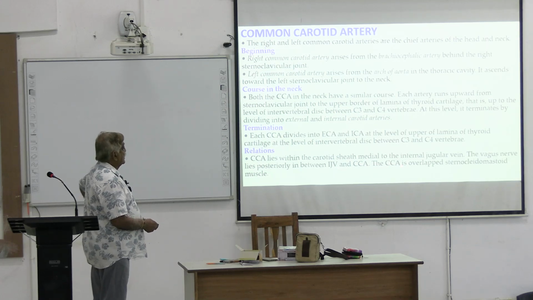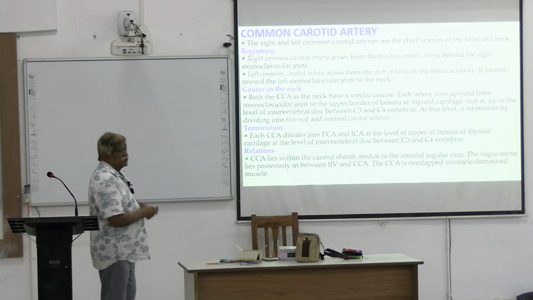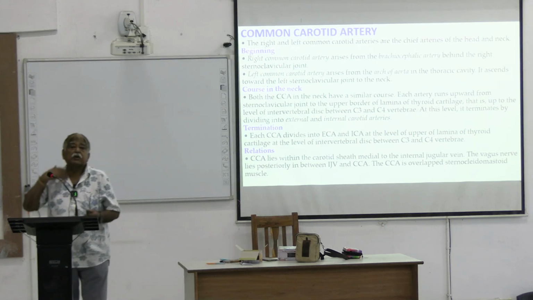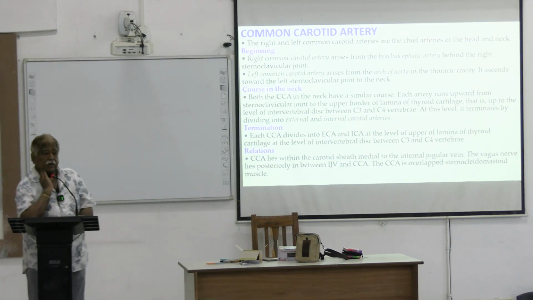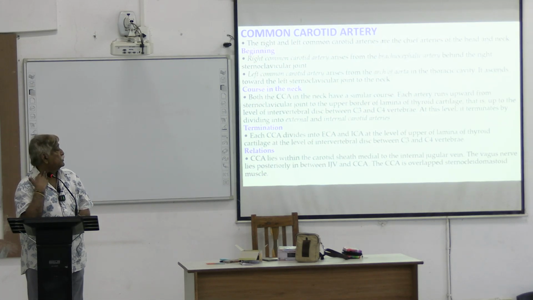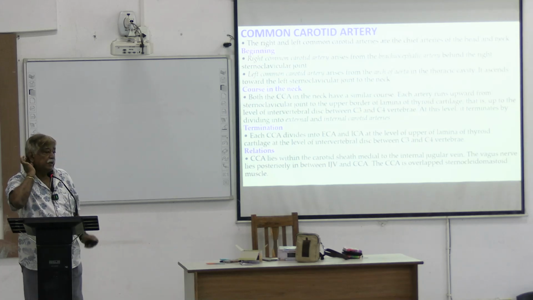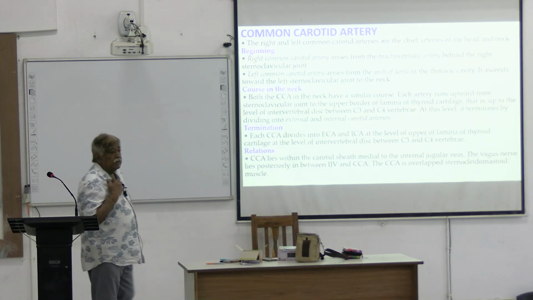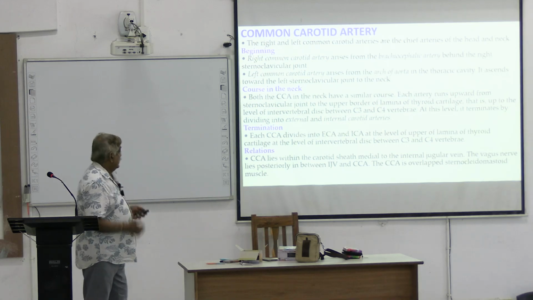The common carotid artery is overlapped by sternocleidomastoid. You feel your own carotid pulsation, and when you turn your head, the sternocleidomastoid muscle becomes a band from your mastoid process to the sternum.